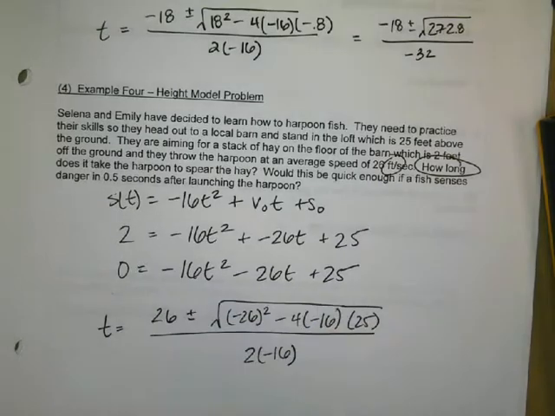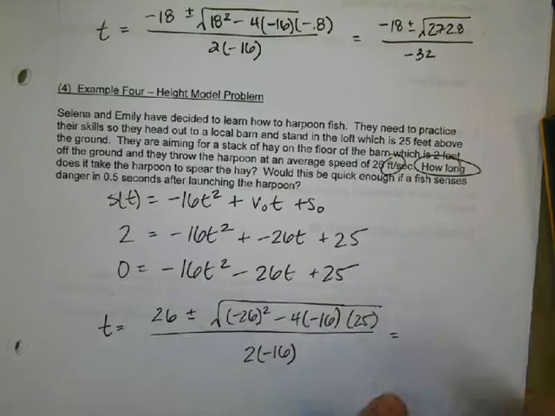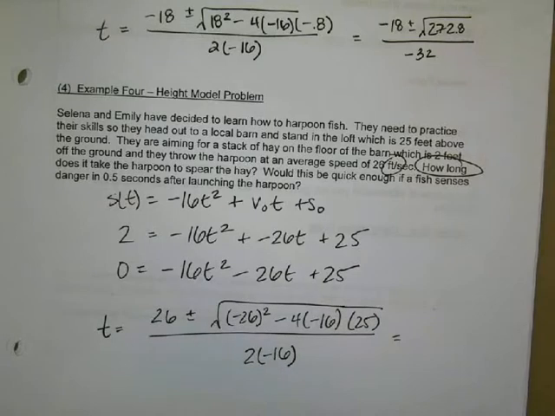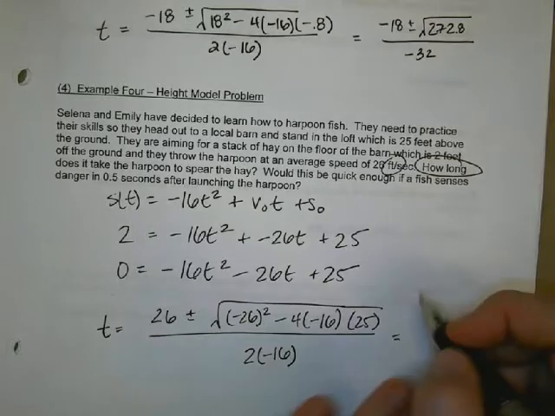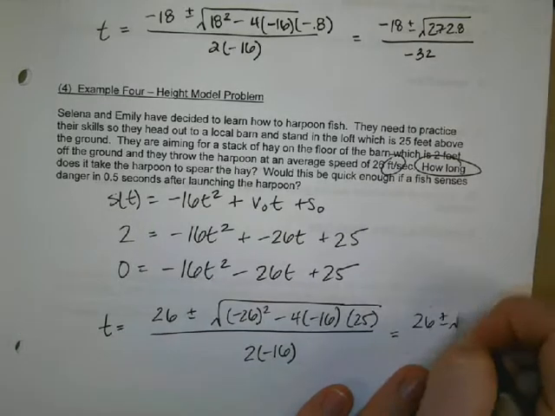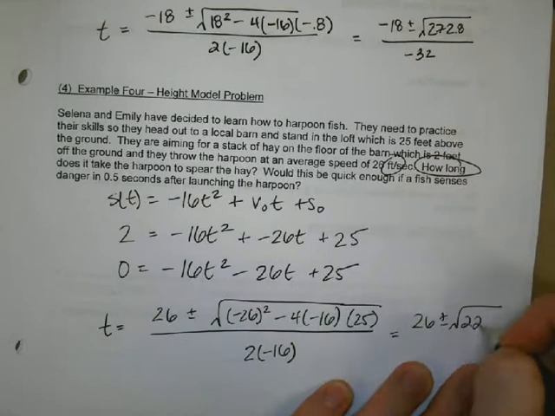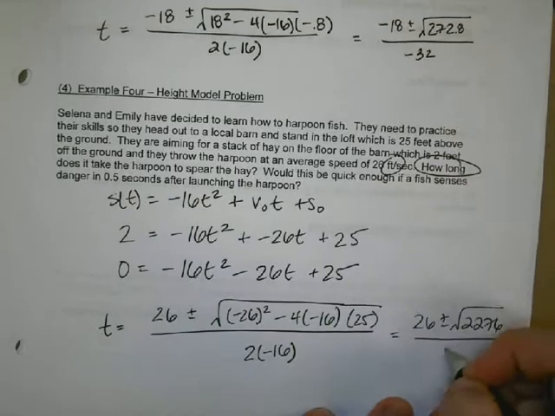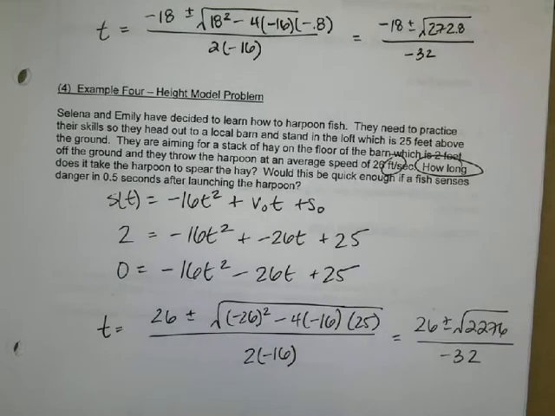Okay. Punching out the radical, I get negative 26 squared minus 4 times negative 16 times 25, and that gets me 2,276 all over negative 32. Now, in this case, I'm going to get two answers.